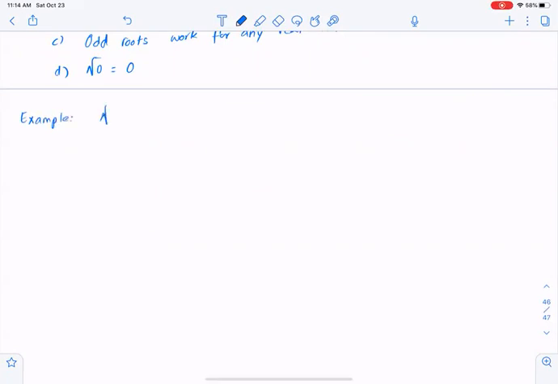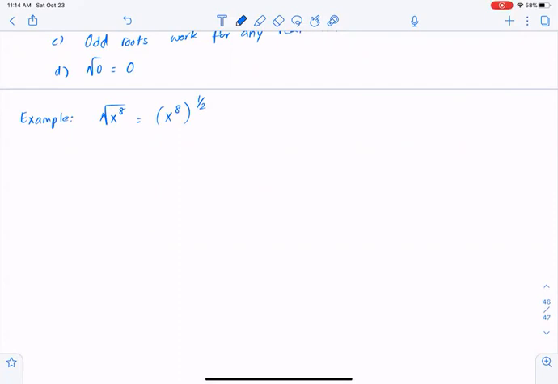Okay, so here is an example. Suppose we want to find the square root of x raised 8. The very first step is to recognize that this is equal to x raised 8 raised 1/2.